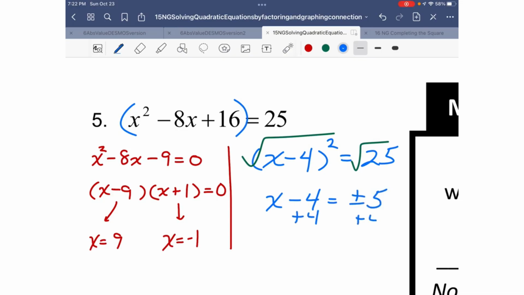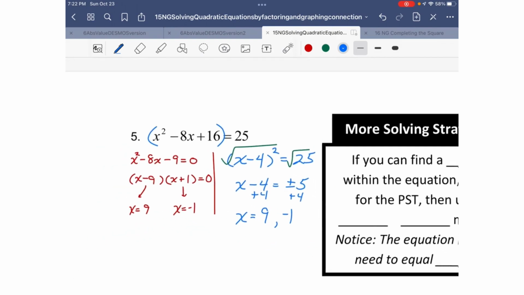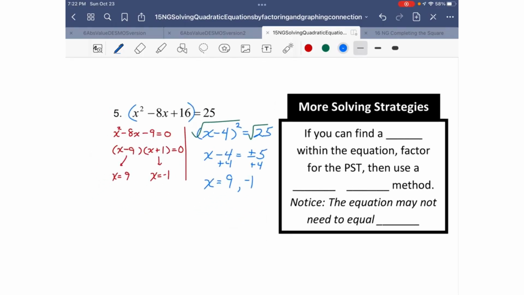You're basically taking the square root of both sides. You're getting plus or minus 5. And when you add 4 to that, let me see if I can do this correctly this time. Yeah, plus 5 plus 4 is going to be 9, and negative 5 plus 4 is going to be -1. Same two answers.